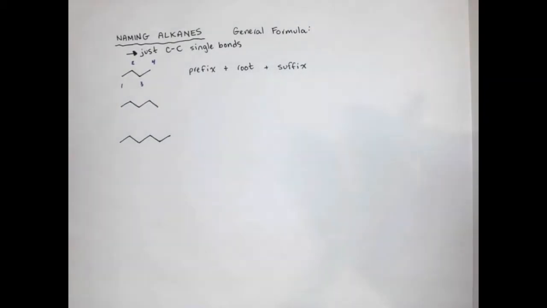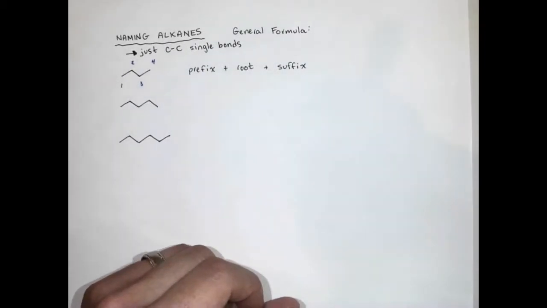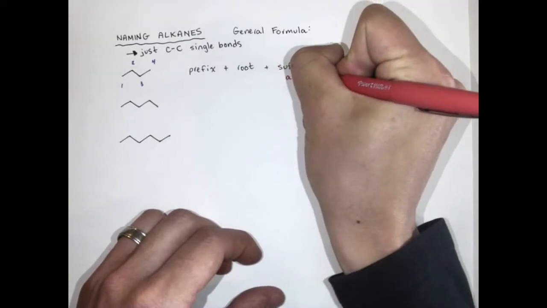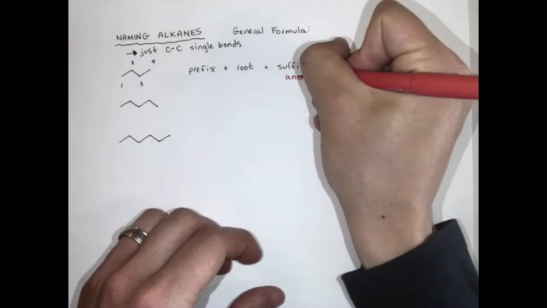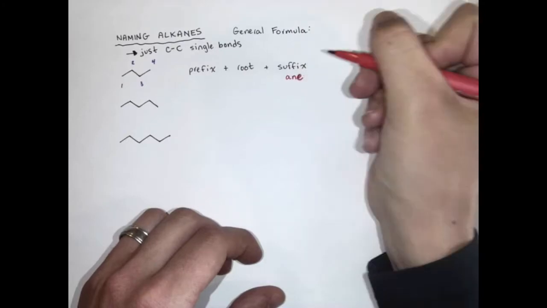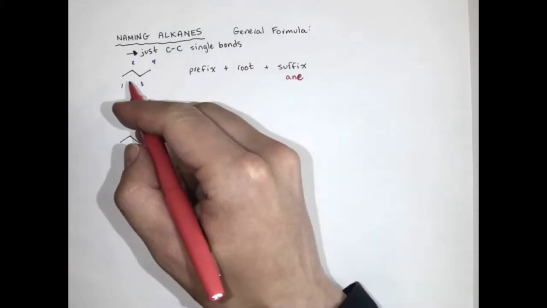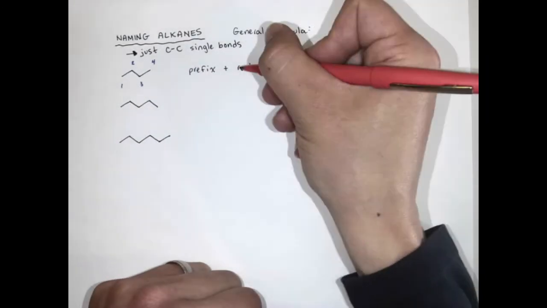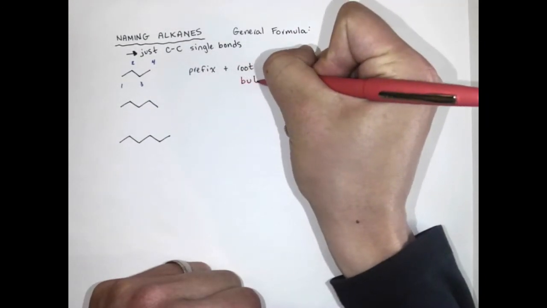Prefix plus root plus suffix. For alkanes, the suffix is always going to be ane, A-N-E. The root depends on how many carbons there are in the chain. There are 4 carbons in this chain, so the root is but.